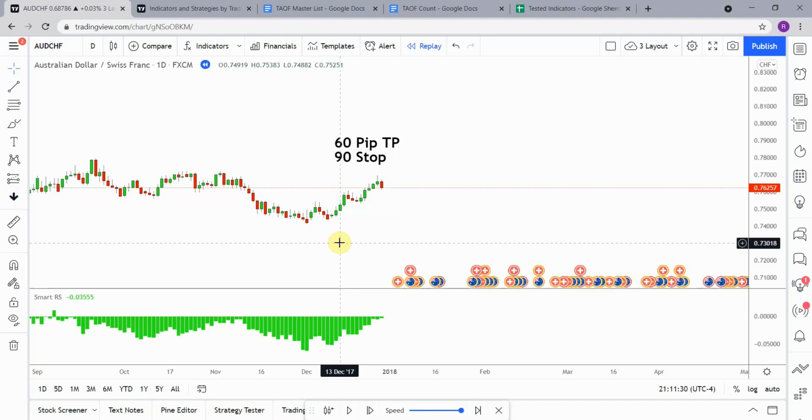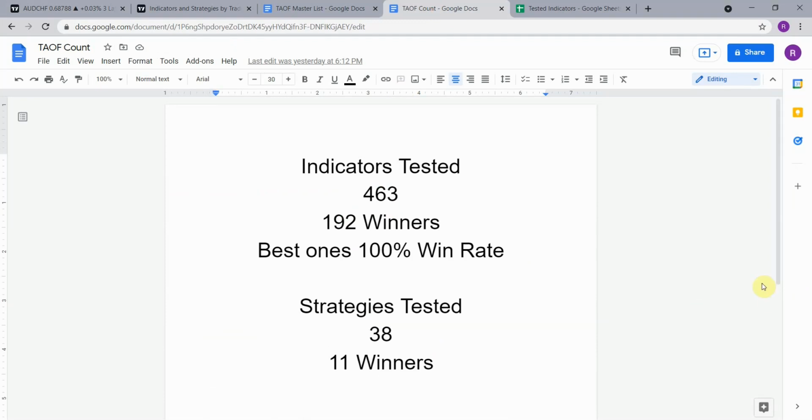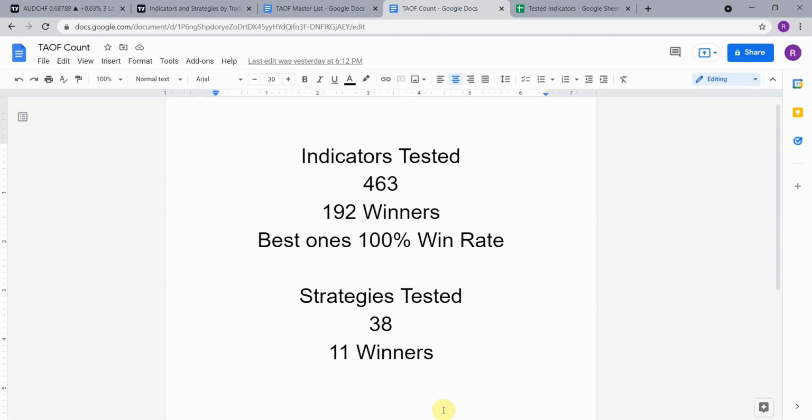Alright, as I said, today we will be testing the Smart Relative Strength Indicator. Before we do though, I wanted to put the testing scoreboard up for everyone to see. To date, we have tested a total of 38 different strategies, with 11 of them being winners.